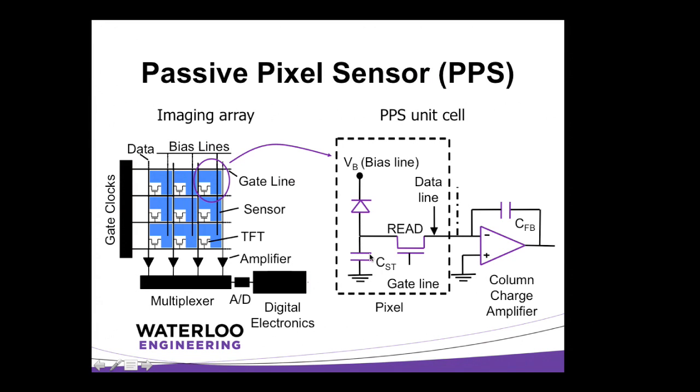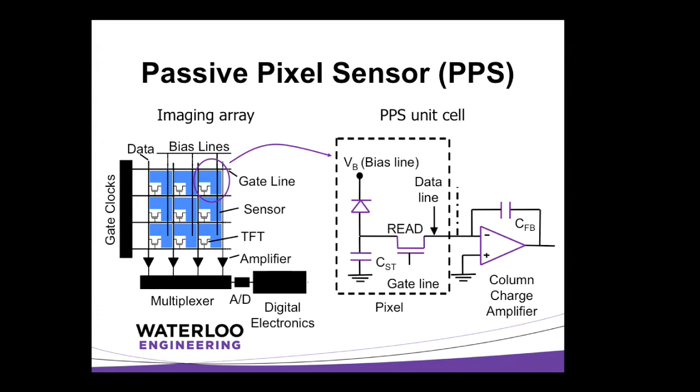That capacitor could be an external capacitor, or it could be just the capacitance of the photodiode that we've modeled. And then you have the transistor switch that you pulse, and the signal from here is driven out to this charge amplifier on the column. That's how the vast majority of X-ray imagers today work, using this particular architecture. It's known as the passive pixel sensor.